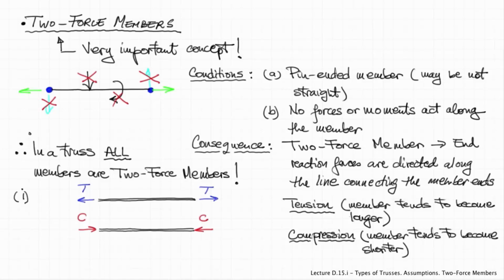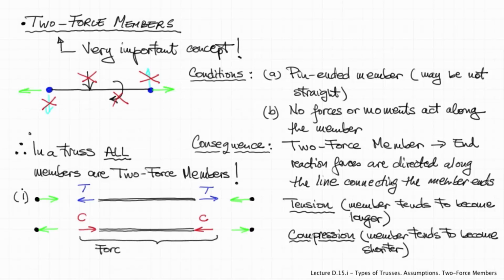Now, the important thing from an analysis point of view is actually not how the forces act on the members, but how the forces act on the joints. So if I'm now drawing the joints at the ends of the member, separated from the member, drawing hence the free body diagrams of the joints and the free body diagrams of the members, then due to the principle of action and reaction, the forces on the joints will act in the opposite direction.